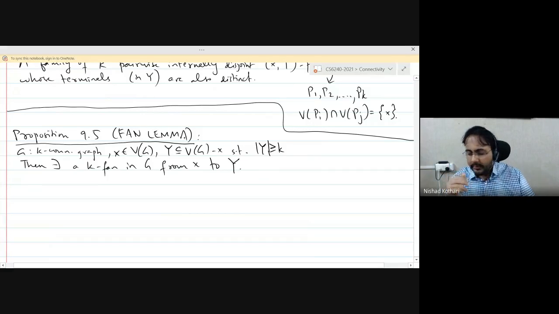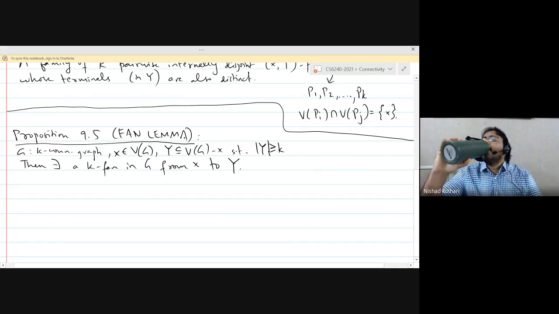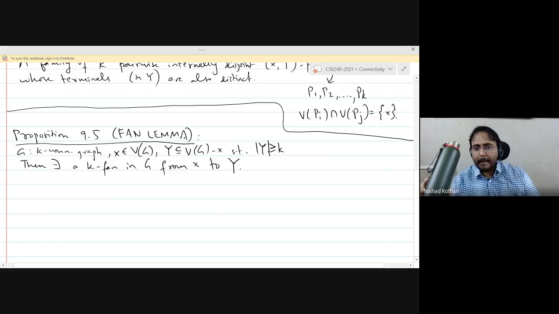So I want to do the proof in a non-linear fashion. I want you to assume this lemma for now and try to prove the theorem, and then we will see how to prove this lemma. Any questions, concerns?